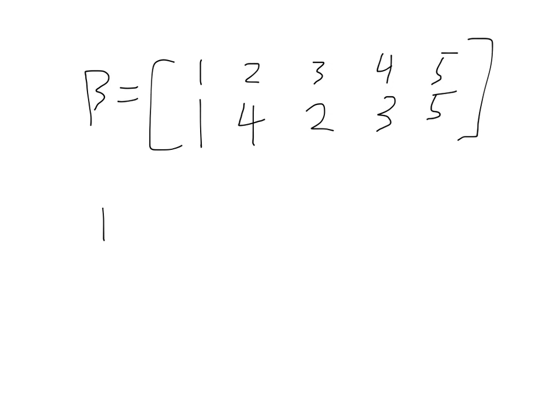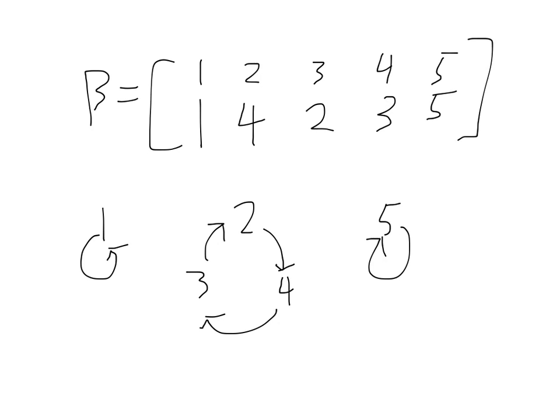So here, 1 is kind of its own cycle. 2 maps to 4, maps to 3, which maps back to 2, and then 5 is also its own little cycle.